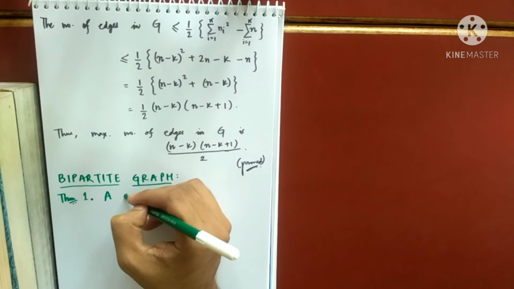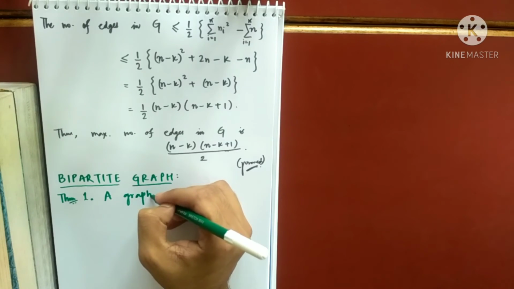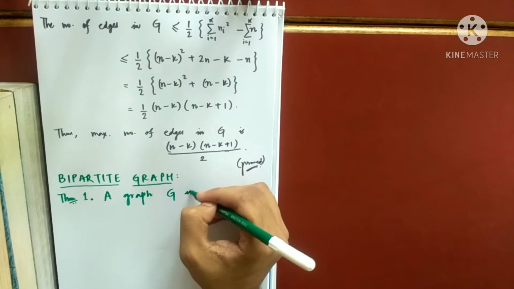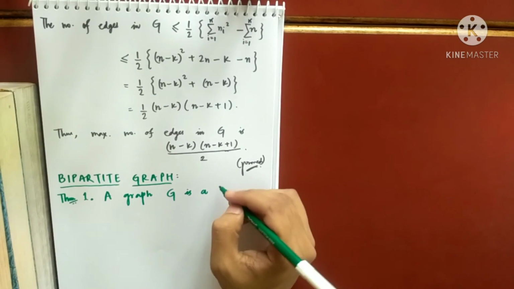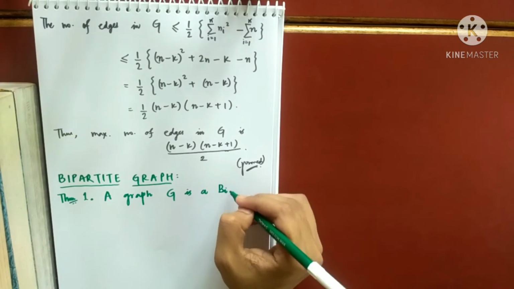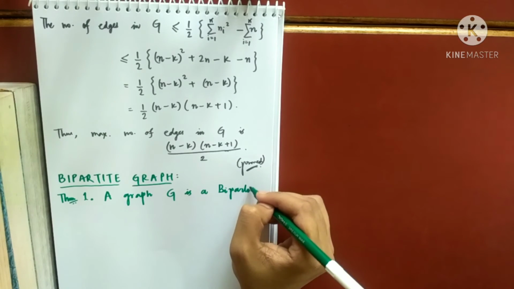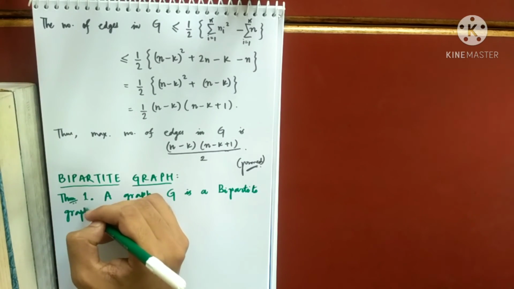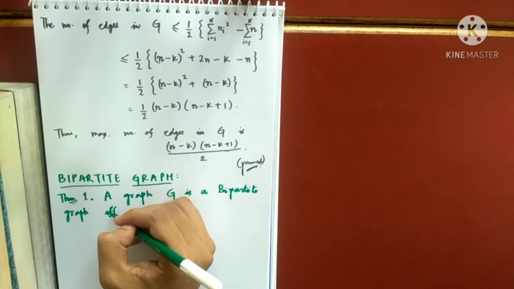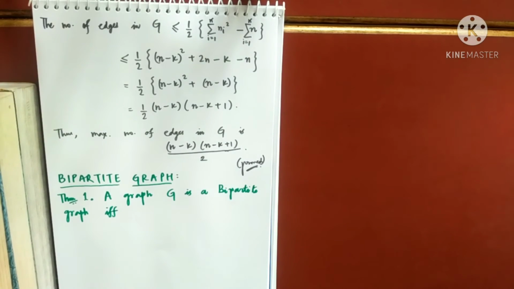A graph G is a bipartite graph if and only if. So see, this is a necessary and sufficient condition to be a bipartite graph.